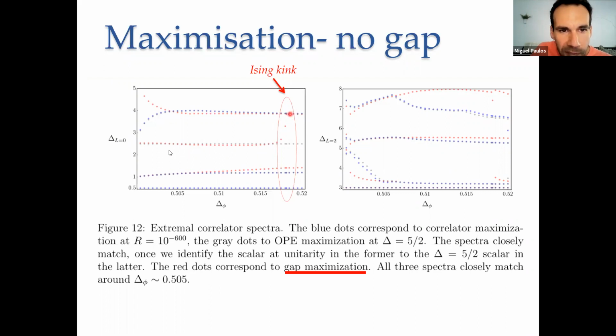It starts off here and then it drops down, and this 3.84 one is going to become this 5/2 one. So there seems to be some special solution to crossing here, which is characterized by the fact that it maximizes the gap, maximizes an OPE coefficient, and maximizes the correlator in this funny limit. And it has a protected operator of dimension 5/2. It would be very interesting to see if you can put this theory on an island or something like this.